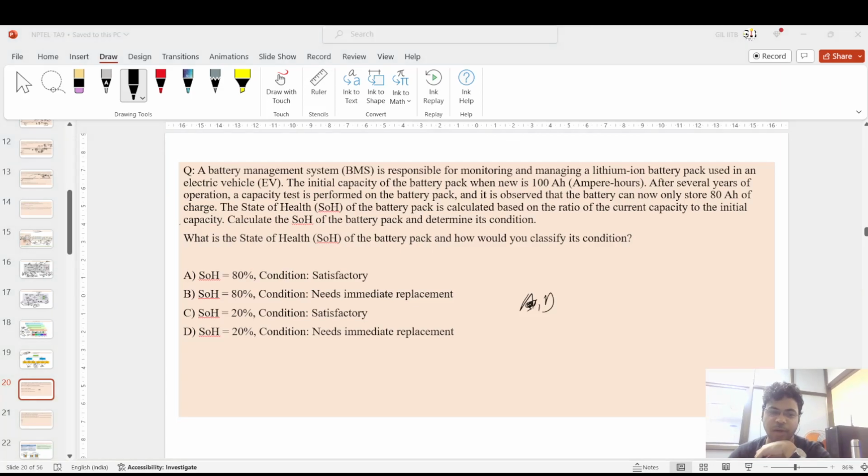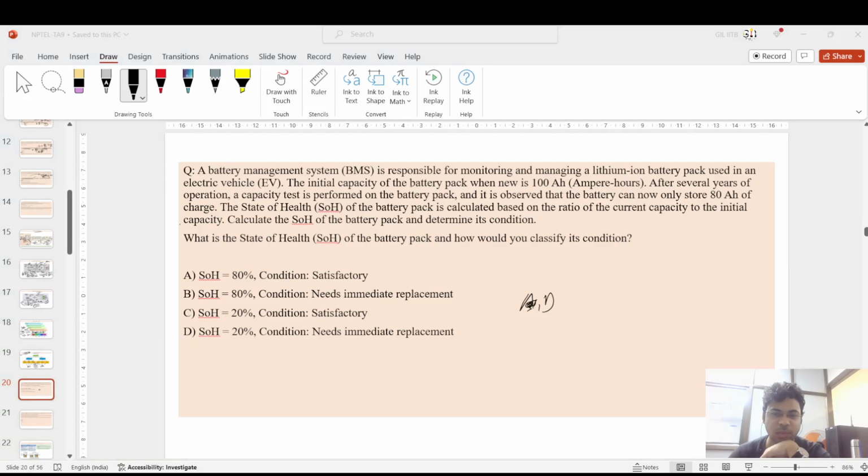And you have to think something in this. If you are saying the SOH is 20%, then a battery manufacturer or the EV operator must discharge this battery before it reaches 20%. So the EV which is operational should not go below this 80% SOH limit.